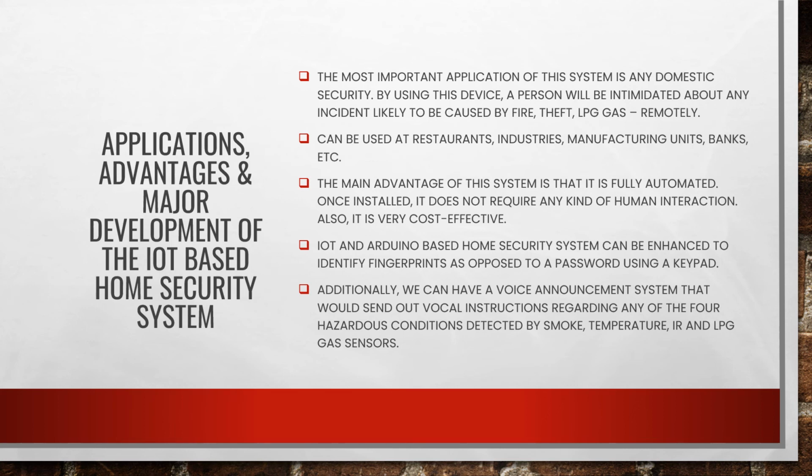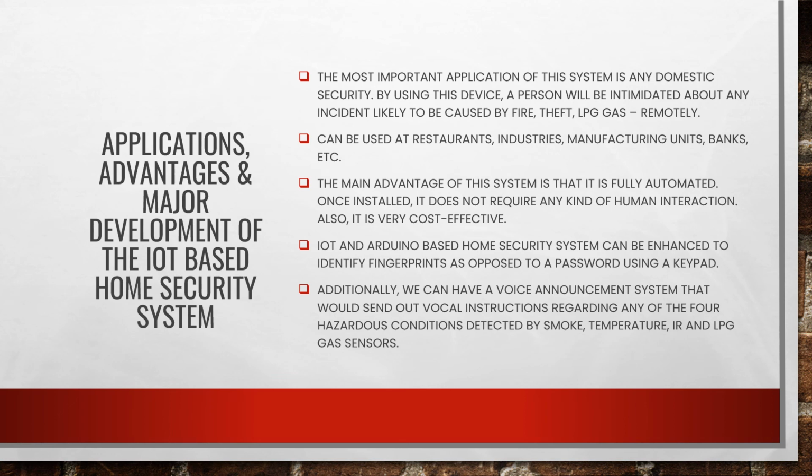And it can be enhanced. As a development of this, you can make use of a voice or fingerprint scan, or any other kind of biometric scan can also be used in order to improve the security again.